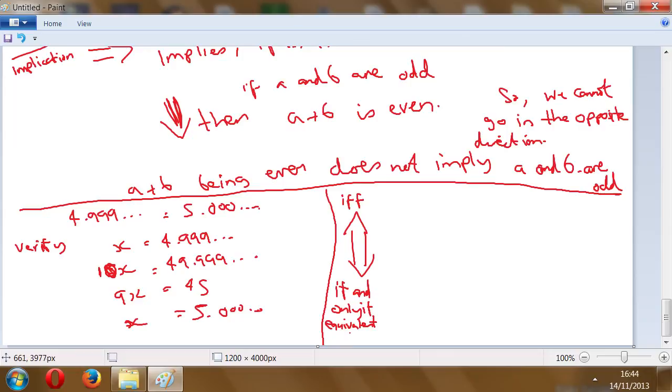The example I had was x plus a equals b, so we subtract a from both sides and get x equals b minus a.